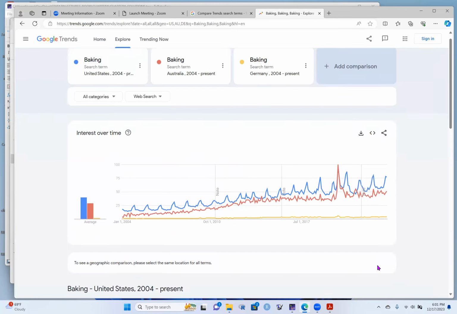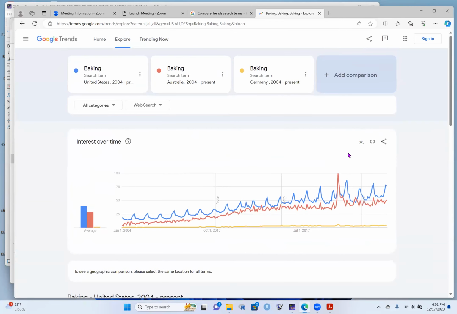Now, what can we do with this data? Of course, once you have the data on interest, you can just download a CSV file.